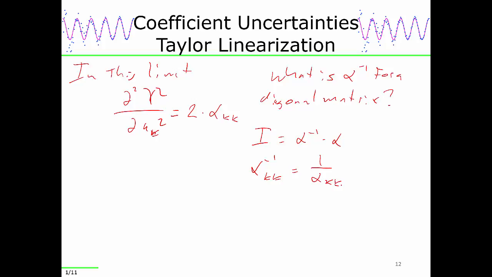So if I have, let's see, where am I going with this one? There's a way to relate that back to the uncertainty. I want to make sure not to screw it up too badly. Oh, okay. Sigma squared k is equal to 1 over alpha inverse?